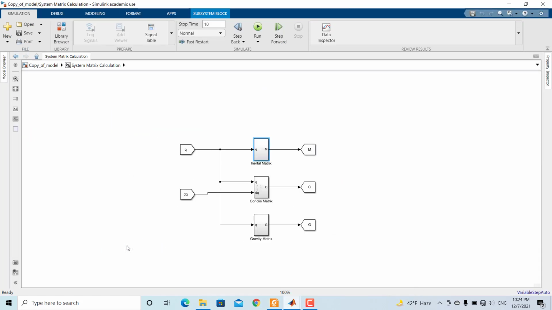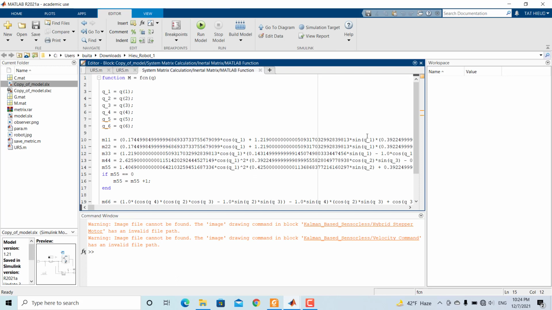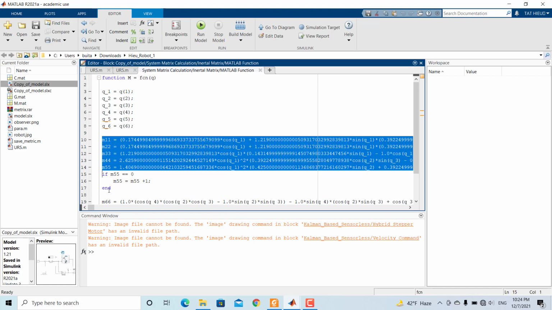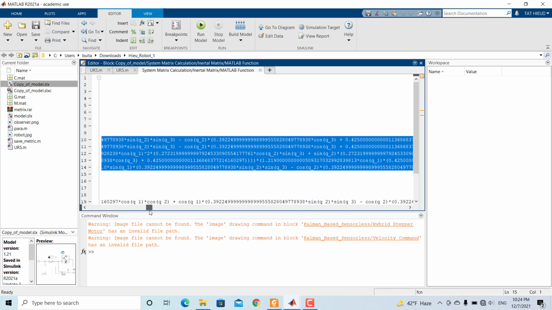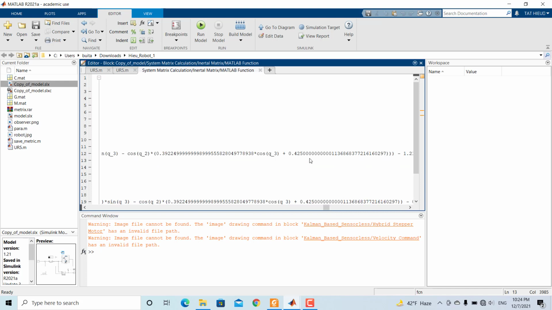However, you can see the mass matrix of the UR5 6-degree manipulator has very complicated expressions here. So my simulating model failed when running.